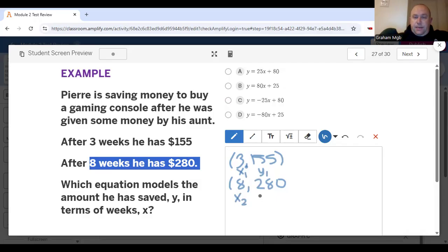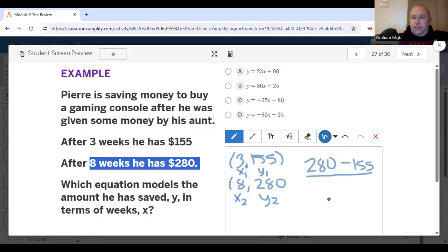And the reason we want to do that is if we can work out the slope for this question using y2 minus y1 over x2 minus x1, I think looking at these answers, notice how the slopes are all different here. We can probably figure out what the answer to this is without needing to do the whole question necessarily. So if I do y2 minus y1, and it's so difficult to write on here, I'm not going to write the formula out. I'm going to substitute in directly, which is a really bad habit, and I apologize. 280 minus 155, but I do not have a touch screen, unfortunately.